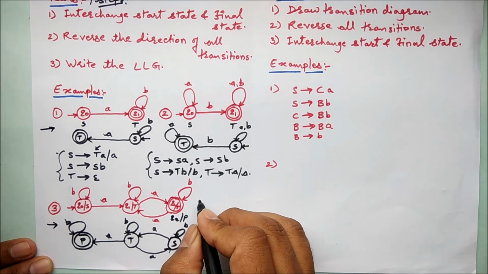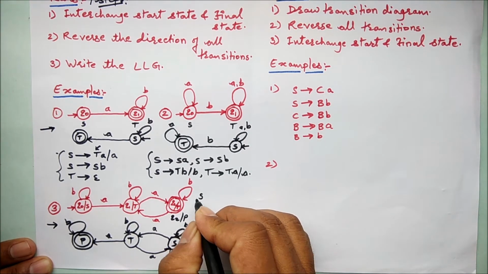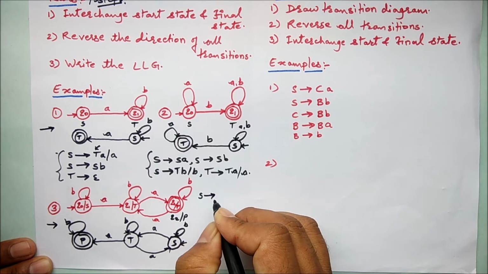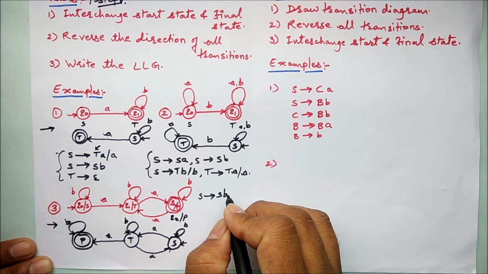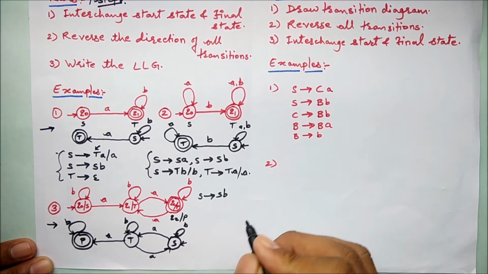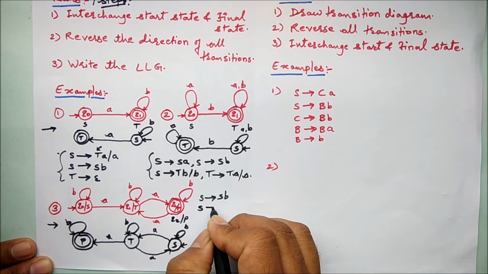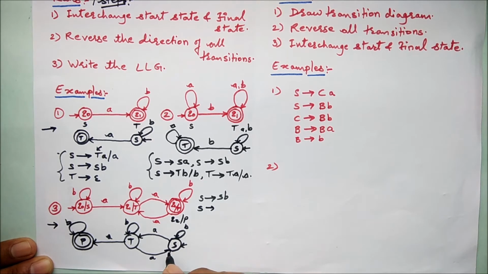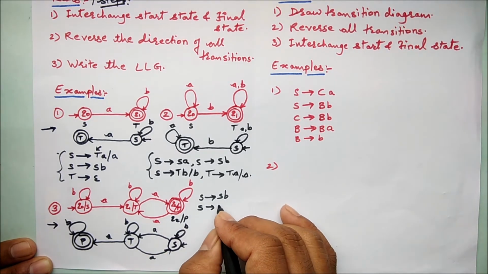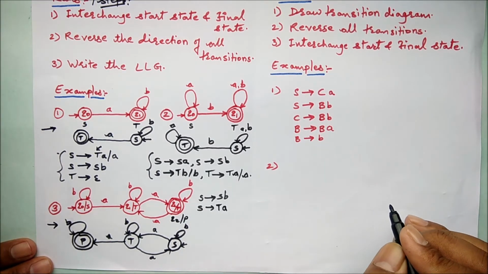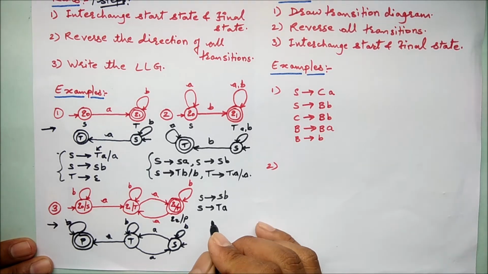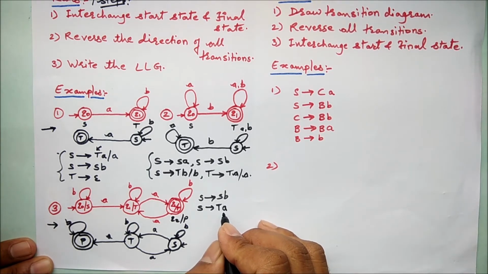So let's write the production rules over here, starting from the initial state, and that is S. So S gives me S B for the self loop, and S gives T with input symbol A, and as T is the intermediate node, there are no slashes over here.